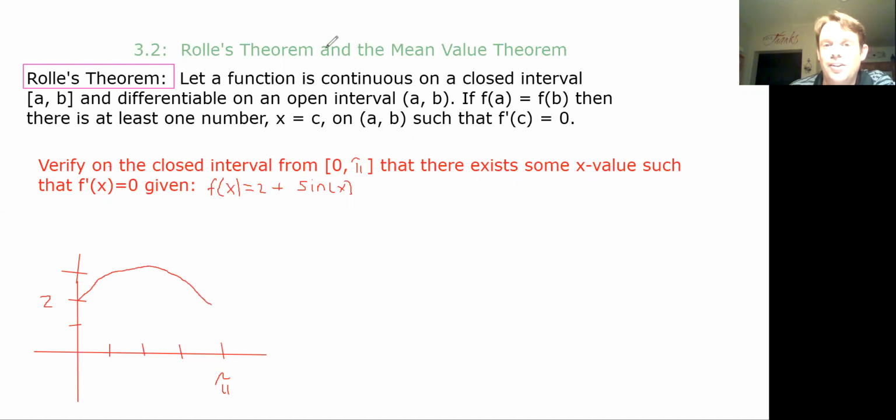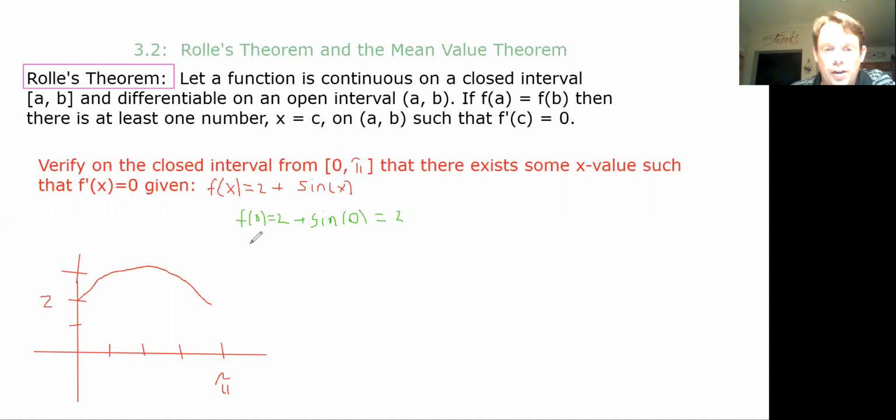All right, let's see how you did there. I went ahead and drew a graph here because when we get done with this, I want you to make sure that we see where it comes from. If I plug 0 in here, I get 2 plus sine of 0. And sine of 0 is 0. That means this is 2.